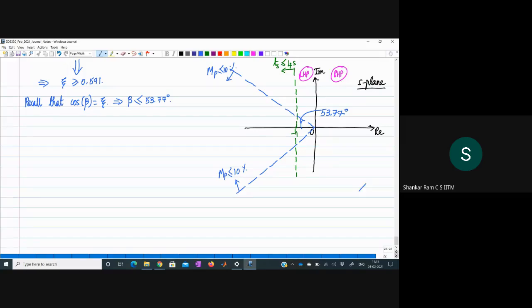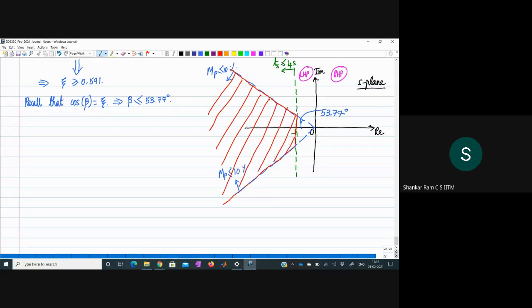Now we want to satisfy both the conditions, right? That is settling time less than or equal to 4 seconds and peak overshoot less than or equal to 10%. That's going to be the intersection of these two regions, right? So the region which I'm shading in red color will be the resultant desired location of closed loop poles.